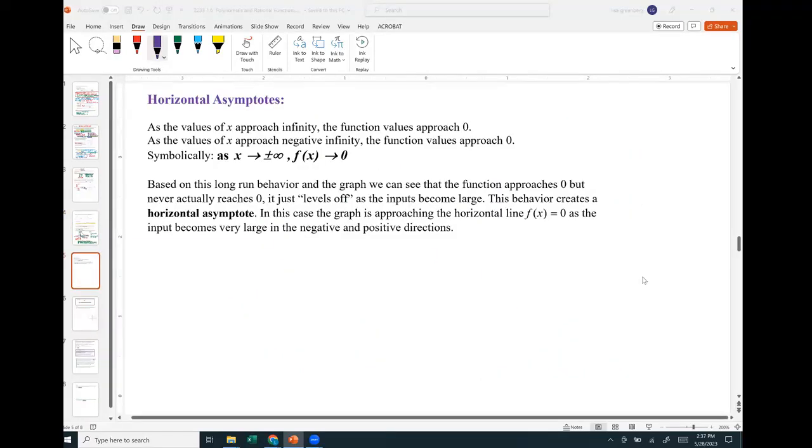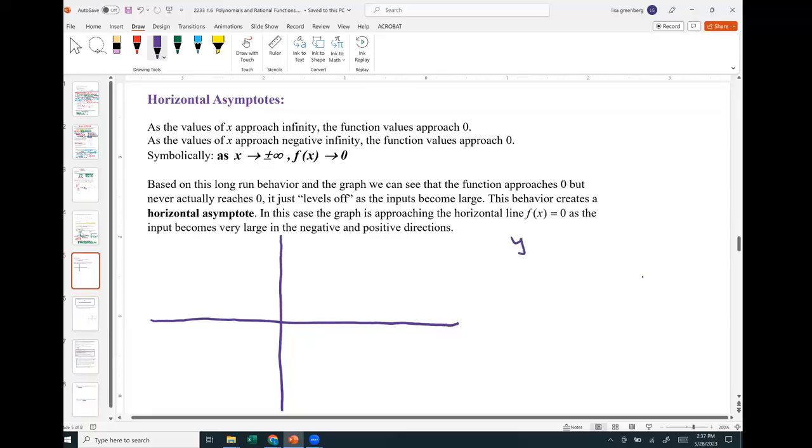All right, so now let's work on horizontal asymptotes. And we're going to do the same thing. We're going to use the same function, y equals 1 over x. Okay? And we're going to do it again a little differently. So this time, I'm going to start with x equals 1. y equals 1.